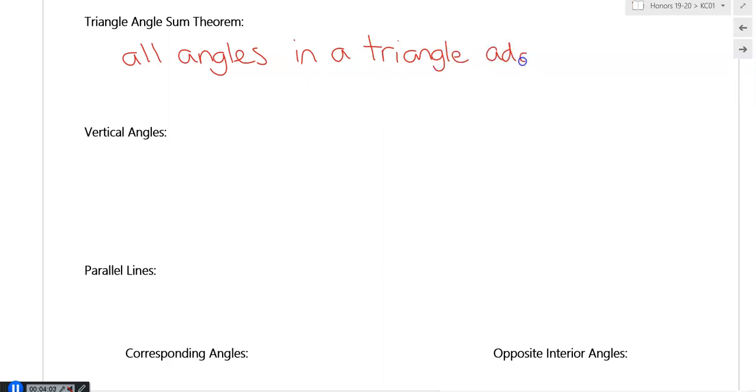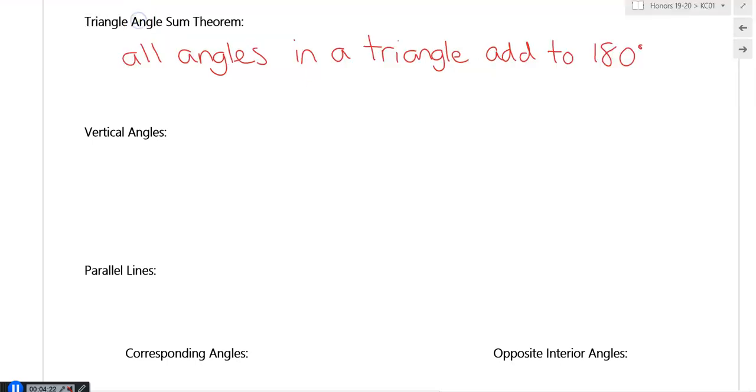The triangle angle sum theorem states that all angles in a triangle add to 180 degrees. Okay? So if I know 2 of the angles, I can find the 3rd angle because I know it has to add up to 180.